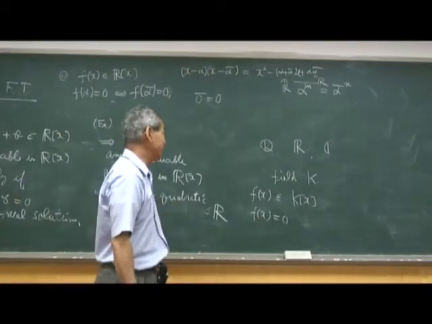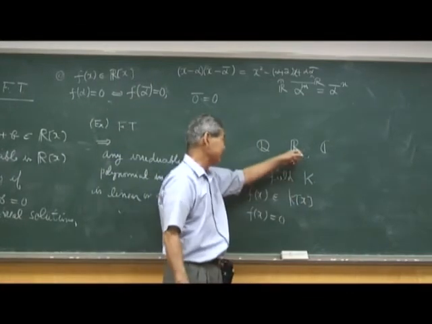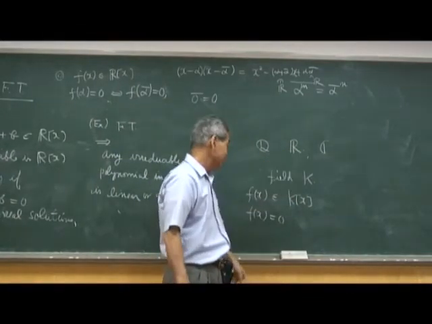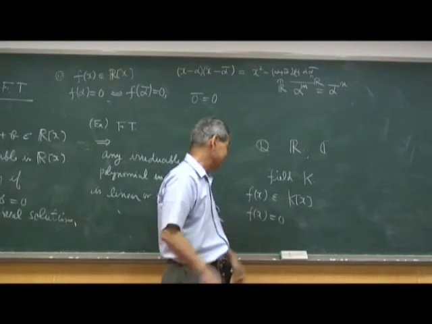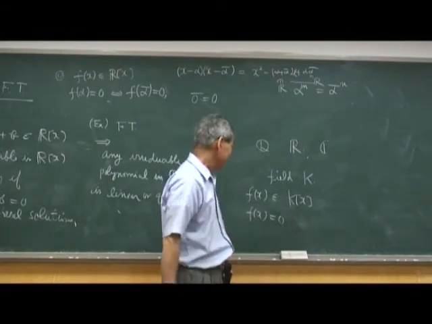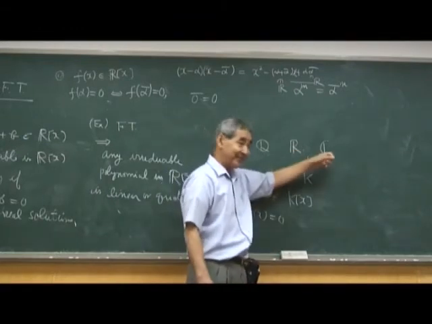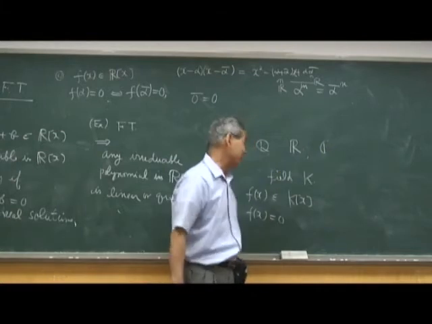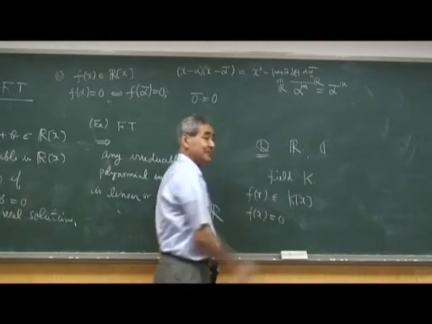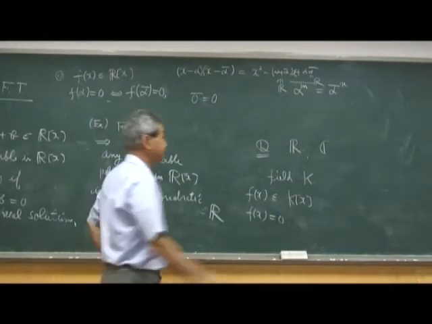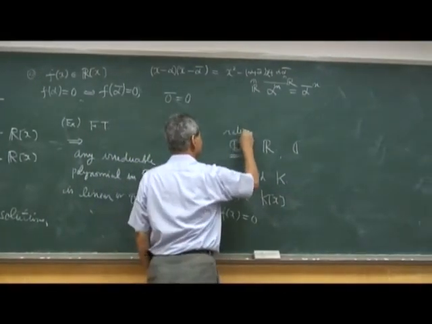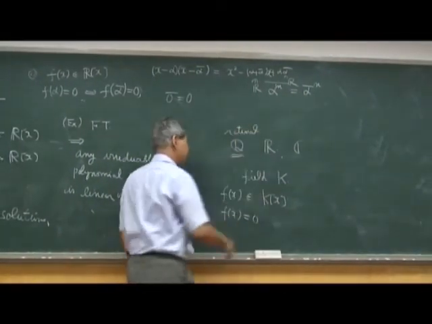And we already found that if k is the real numbers, then the only possibility is R or C. But for Q, the rational numbers, the situation is completely changed.